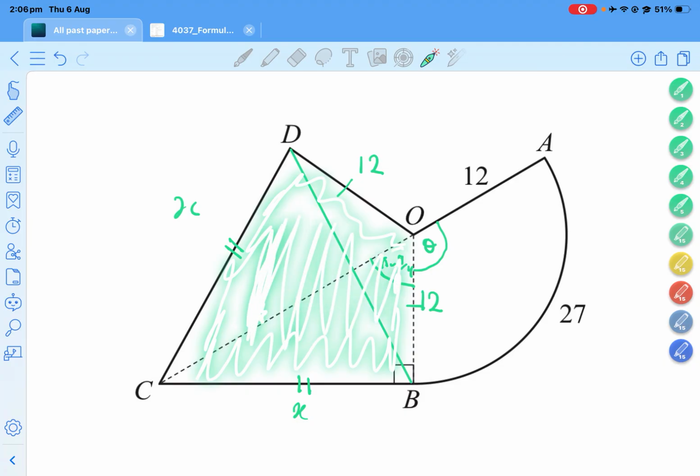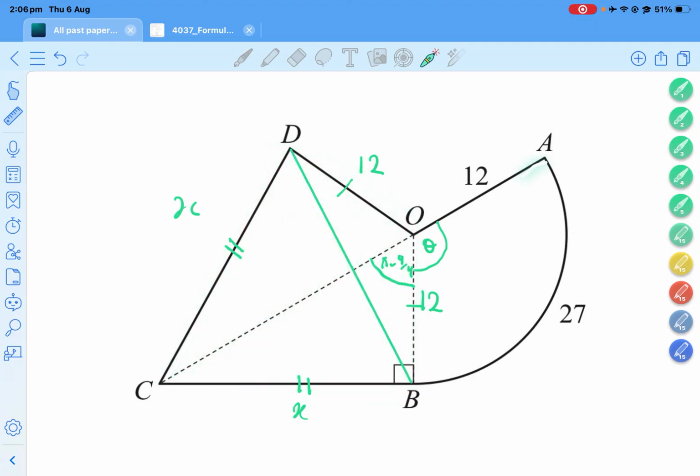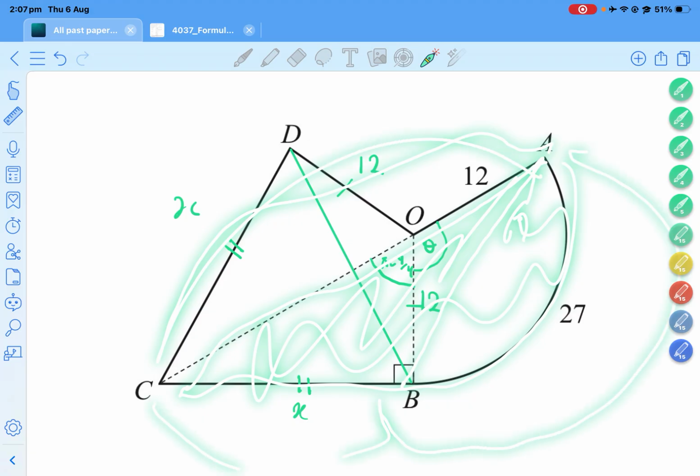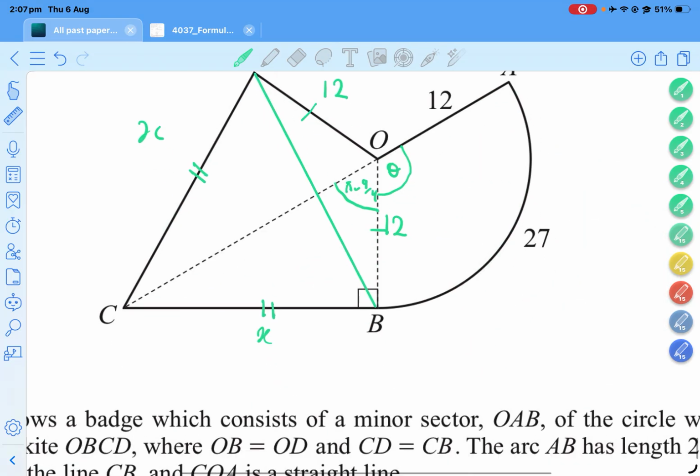It will be this, this, this, and this. You'll not include this. If I shaded this whole area and drew a line like this, the perimeter would be this CA, this CB, and then the arc BA. Not any of the lines inside.